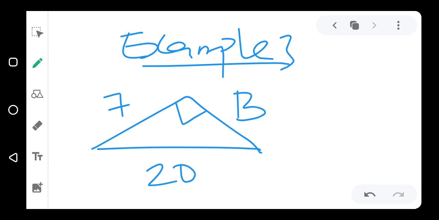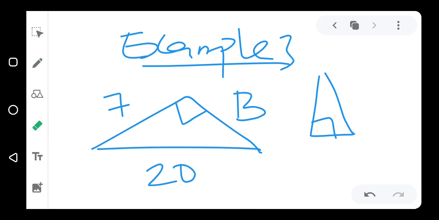Now you should not say that because it is not standing this way, it is not a right angled triangle. No matter where this is facing, as long as we have this perpendicular sign or 90 degrees inside the triangle, it is a right angled triangle, no matter where or how the triangle looks.